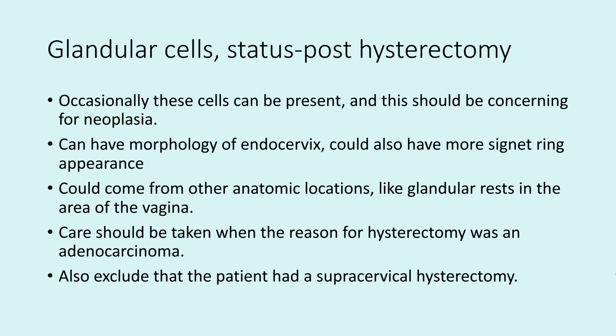Some patients have hysterectomies for leiomyomas. But either way, if the entire cervix and uterus are gone and you're seeing glandular cells in a pap smear, that can be concerning. There are physiologic reasons why you can have glands in a patient who no longer has a cervix. There are rests in the areas around the vagina that can have gland-forming cells, but you should always mention it.